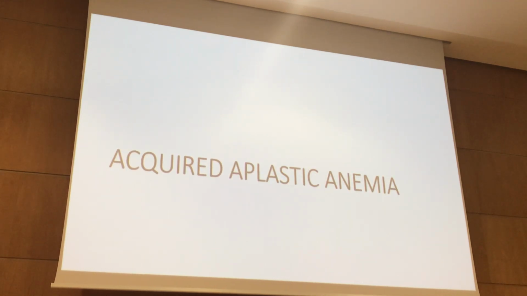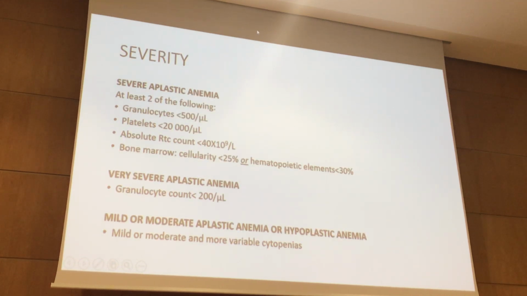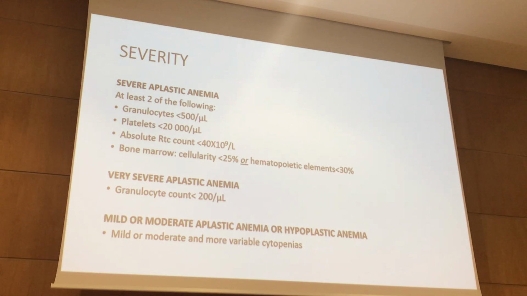So first, let's talk about acquired aplastic anemia. Acquired aplastic anemia can be classified as severe, very severe, or moderate or mild aplastic anemia. How do we define severe?